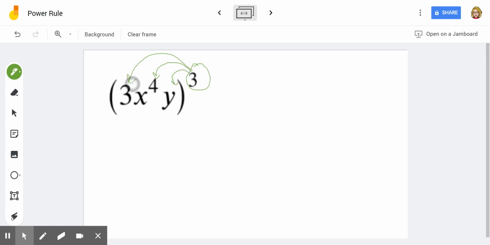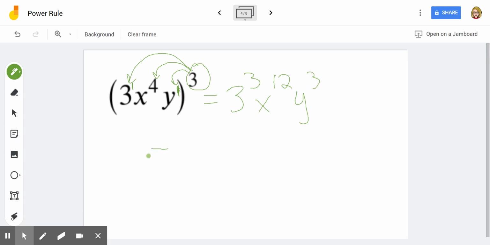If they don't have an exponent written, your exponent is 1. So my first exponent on 3 is 1, so that's going to equal 3 cubed. 3 times 4 on x to the 4th will be 12. And then y, the exponent on y is 1, so 1 times 3 is 3.